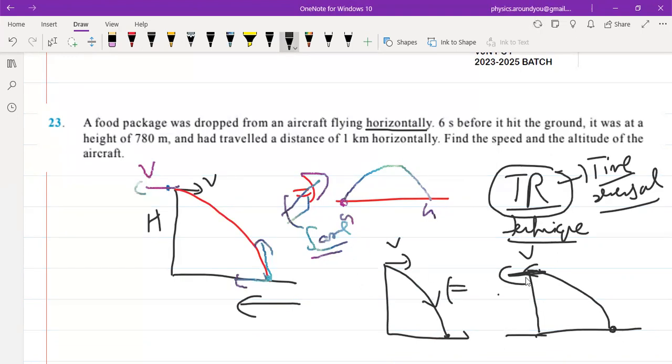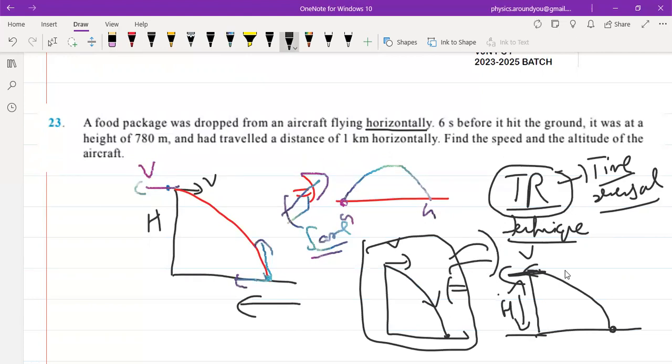The same thing will be thrown up, and it will have v horizontal velocity in this direction. The height will remain the same, h. Tada! What does this do? It converts this horizontal projection problem to a normal projectile problem, where the height of the tower becomes the maximum height. The power of the time reversal technique.